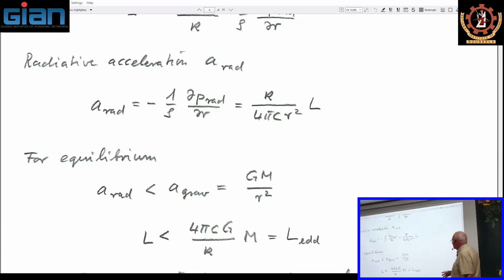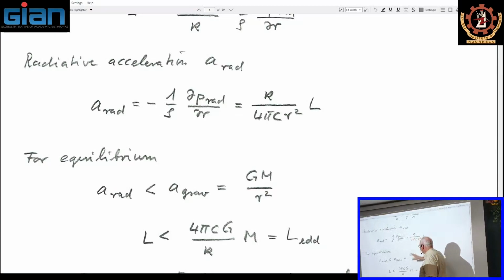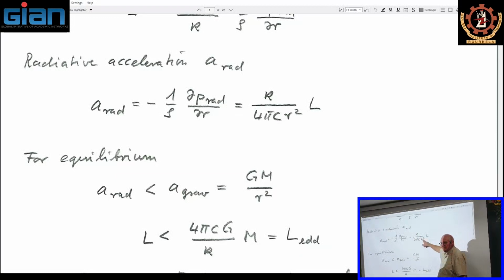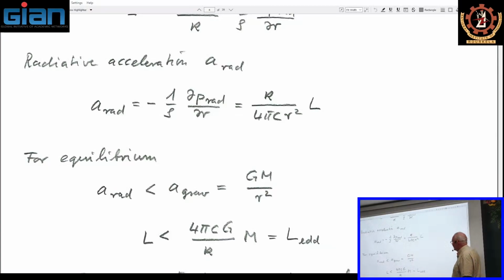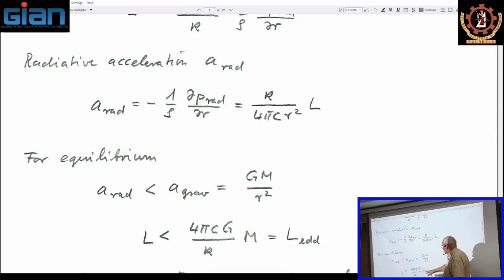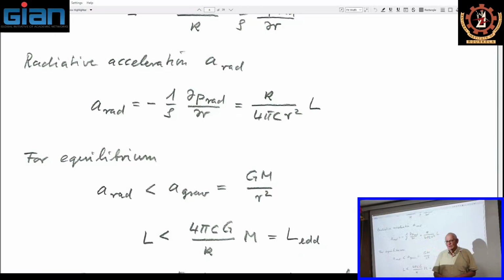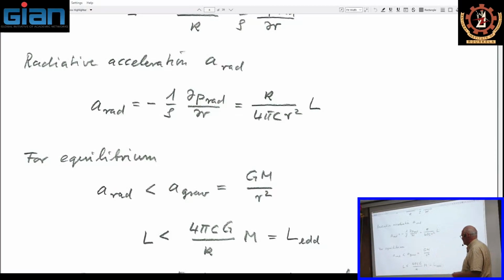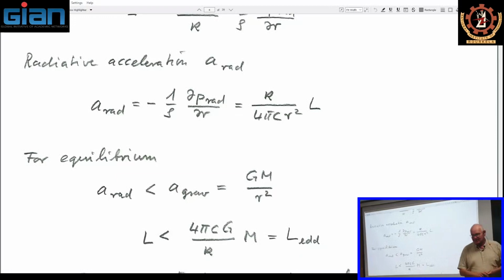So if we insert this now for radiative acceleration and the gravity, well, both scale with 1 over r squared, so the 1 over r squared cancels, and we are left with a condition that the luminosity has to be smaller than some constants involving speed of light, gravitational constant, and the mass, divided by the opacity. So two factors matter for this maximum luminosity: it's the mass and it is the opacity.